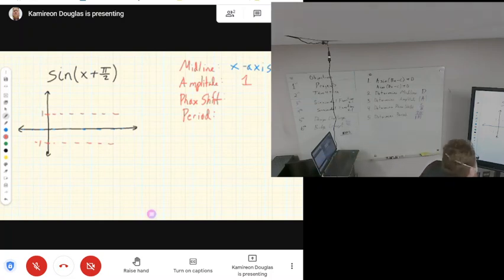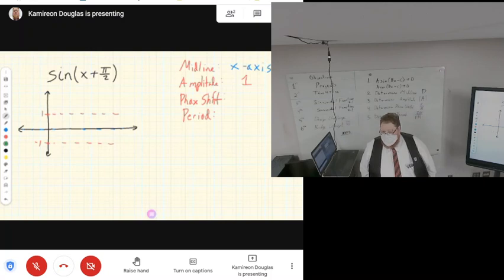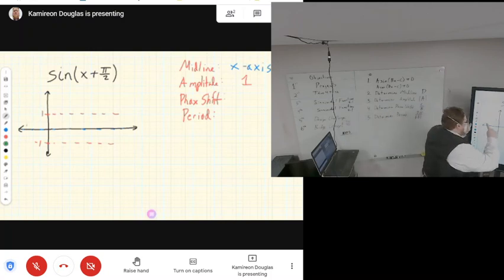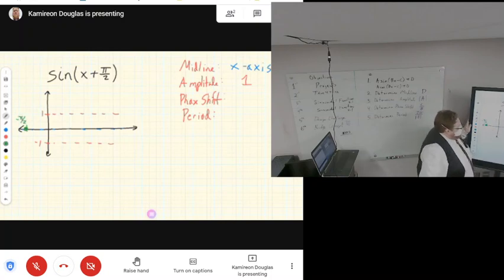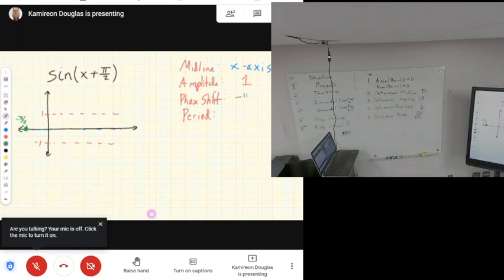So, left pi over 2. That means normally I'd start on the origin, but instead I'm going to move it left pi over 2. So we're going over here to negative pi over 2, and that is where it's going to start now. So my phase shift, negative pi over 2, or you might say left.